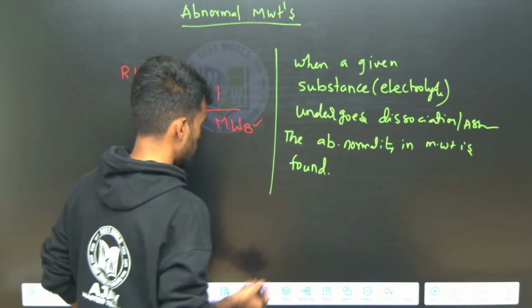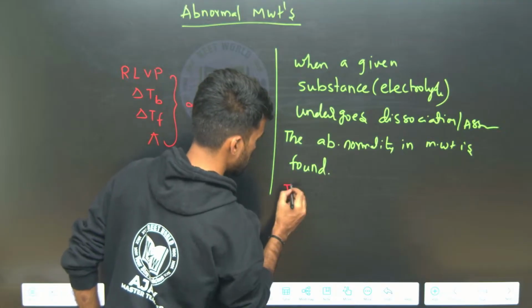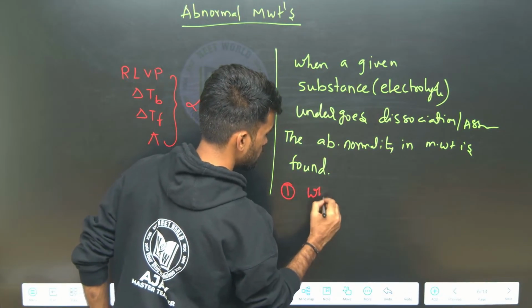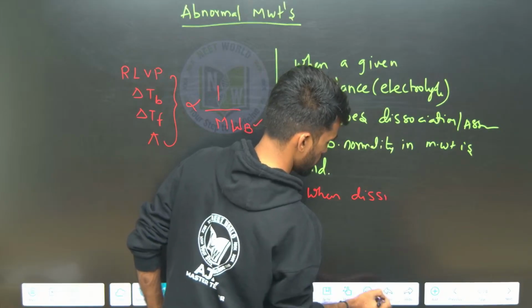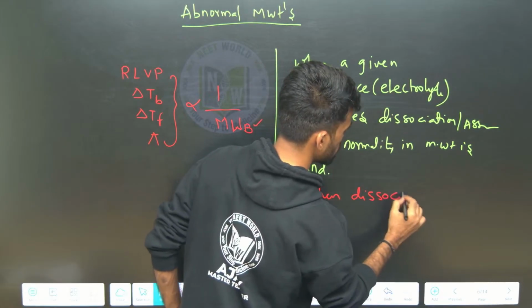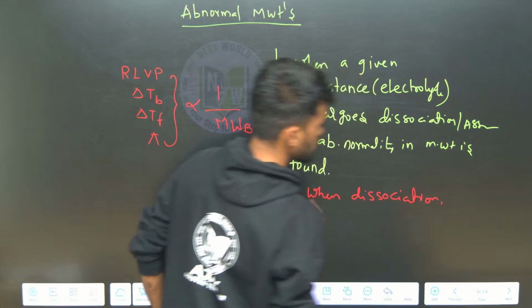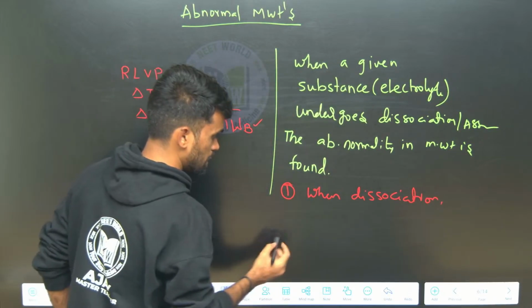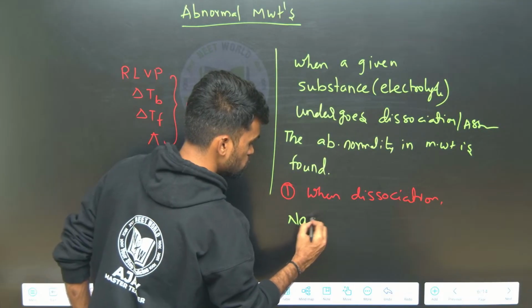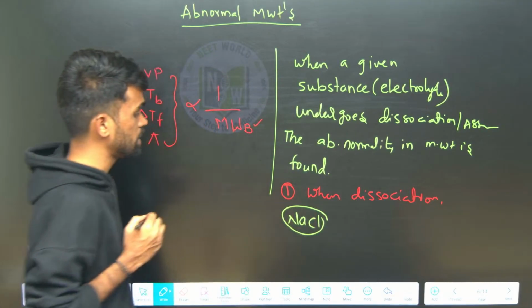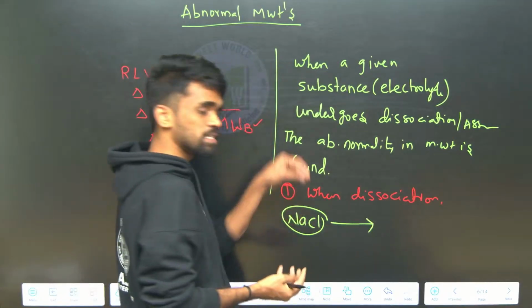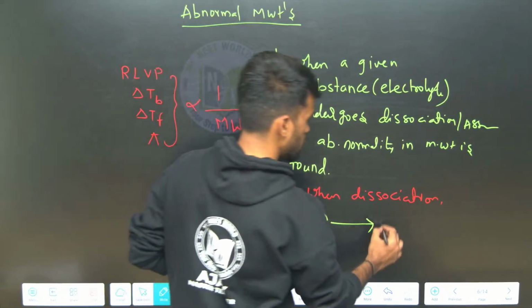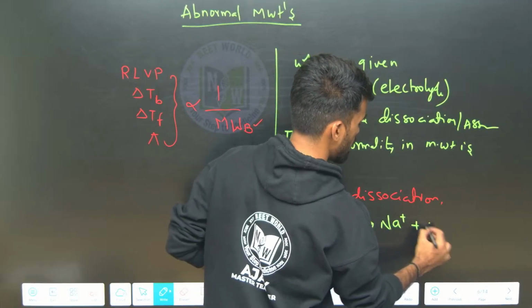when dissociation happens, what happens in this case? For example, NaCl: initially it looks like only one particle, but when we place NaCl in the aqueous medium, it will dissociate into Na plus and Cl minus.